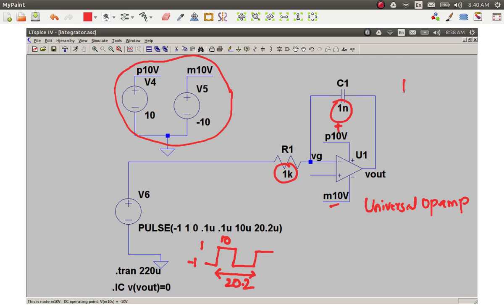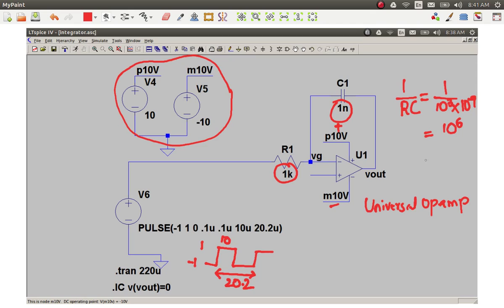So if you think about the 1 over RC, which is our slope, that is 1 by 1 kilo, that is 10 to the power of 3, into 1 nano, that is 10 to the power of minus 9. So this is 10 to the power of 6. So that's a megavolt per second.